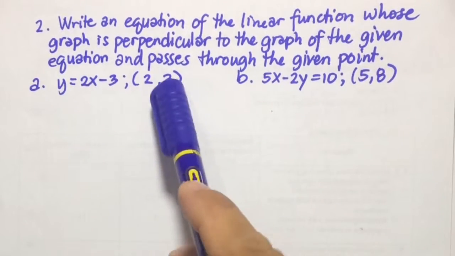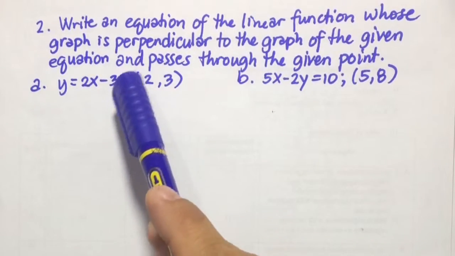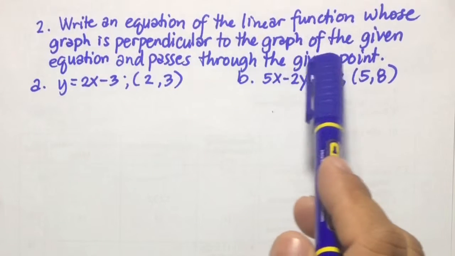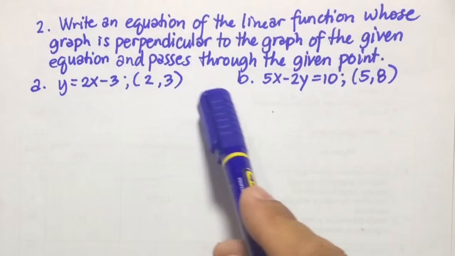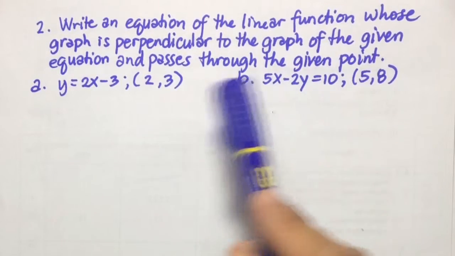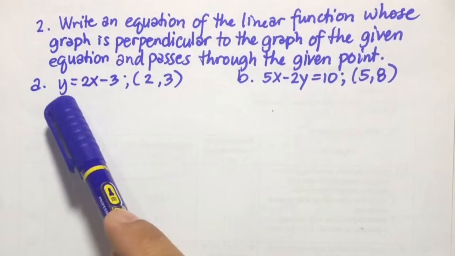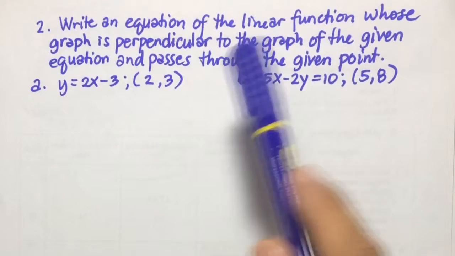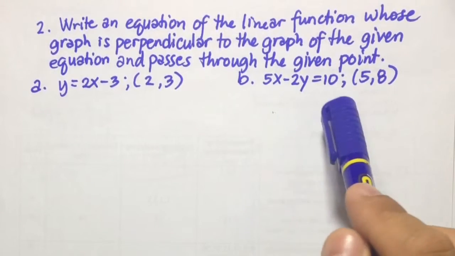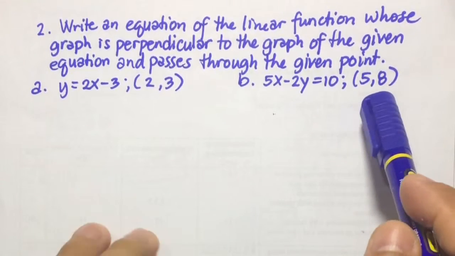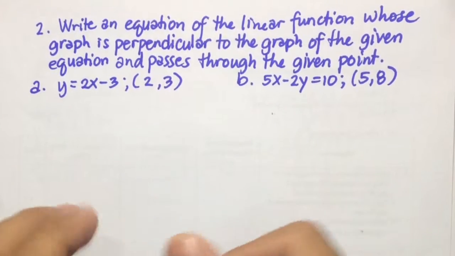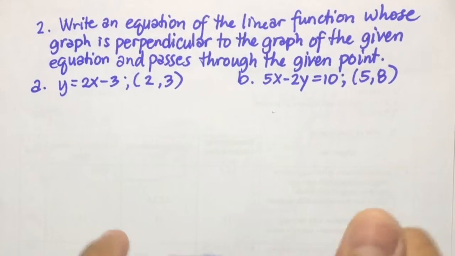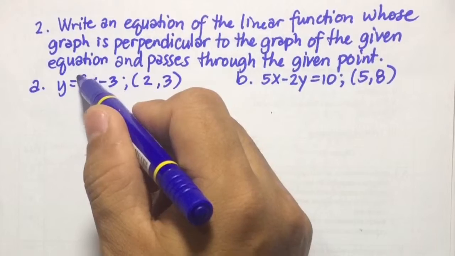Example number 2. Write an equation of the linear function whose graph is perpendicular to the graph of the given equation and passes through the given point. So letter A, y equals 2x minus 3 and passes through (2, 3). B, 5x minus 2y equals 10 and passes through point (5, 8). So for letter A, we have here the slope 2.